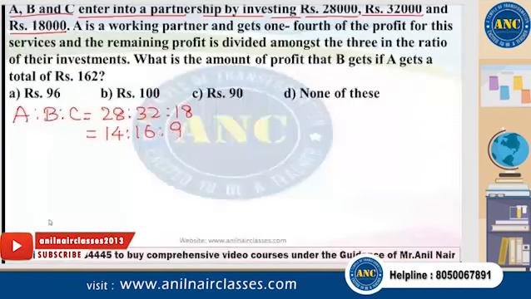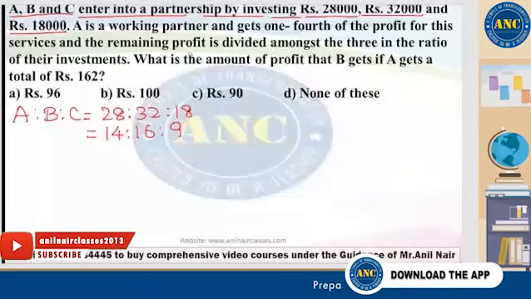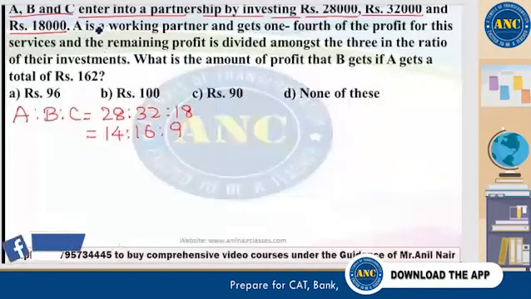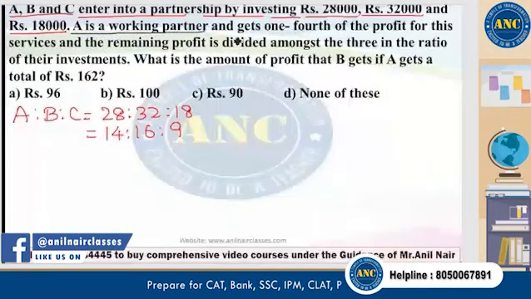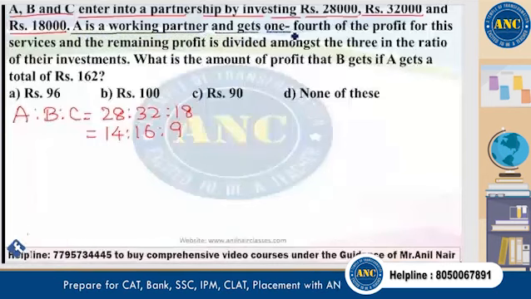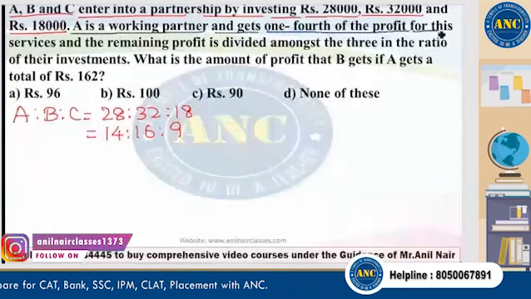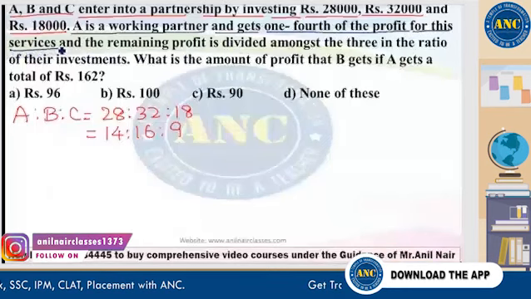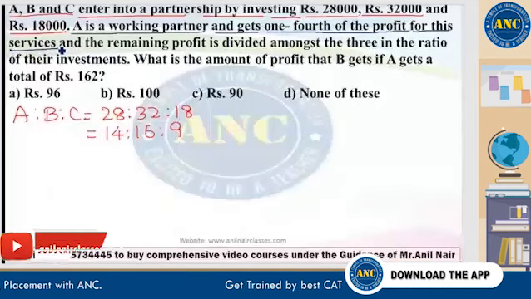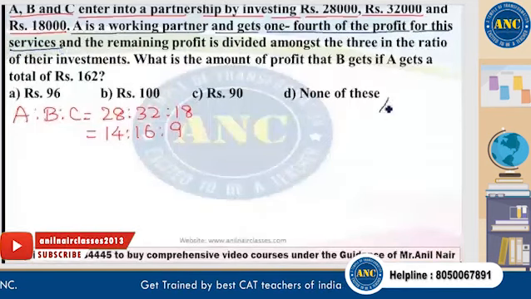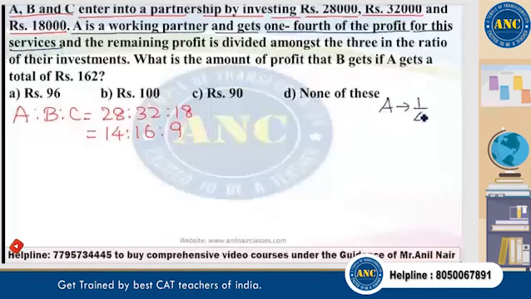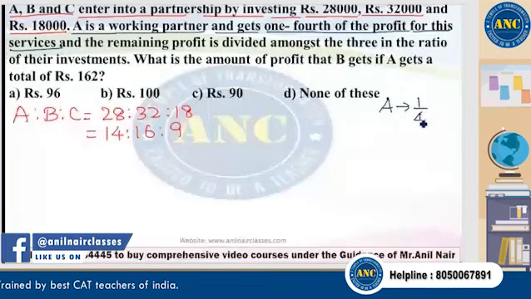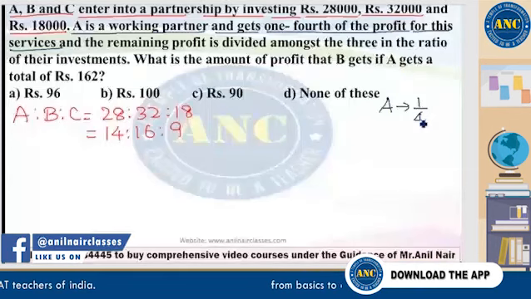Read the next statement. The next statement in the question says A is a working partner and gets 1/4 of the profit for his services. That means out of total profit, however much there is, A is getting 1/4 of the profit.